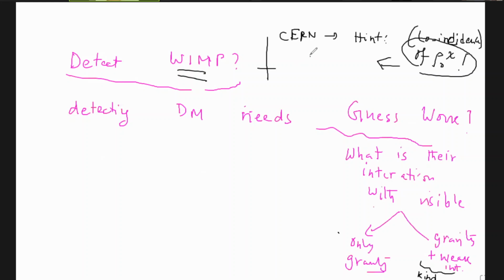And this is called the WIMP miracle. Why is it a miracle? Because you were looking for something else, but you got a gift.